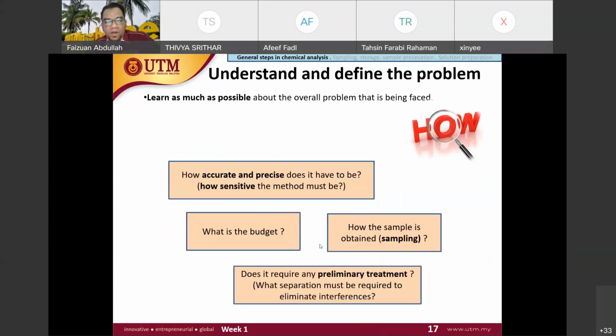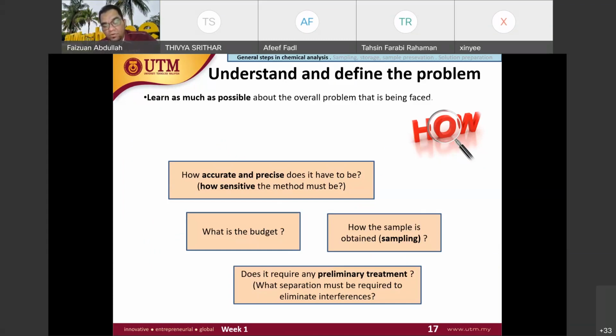And then we know how accurate and precise it has to be, how sensitive the method must be, and what the budget is. These are the things that we need to consider in analytical chemistry, right? And if the result that you need is only qualitative, you don't need to spend more on analysis using a quantitative instrument, because the client only needs a qualitative analysis.